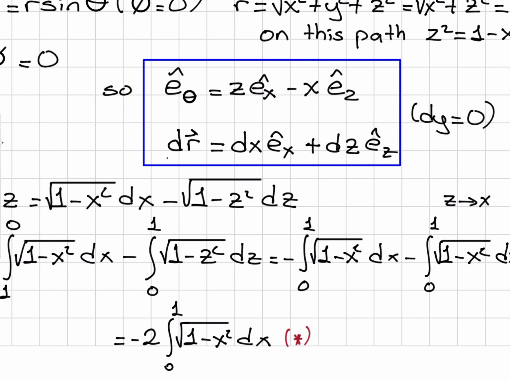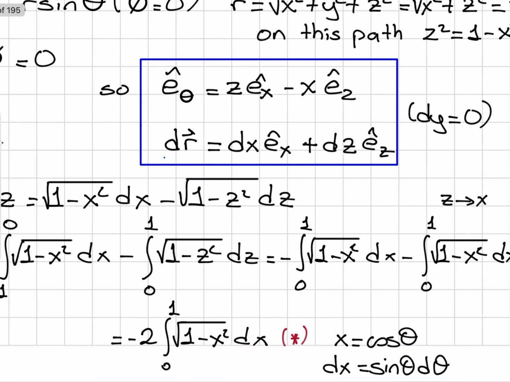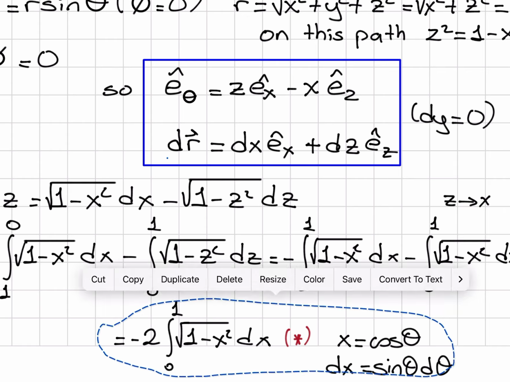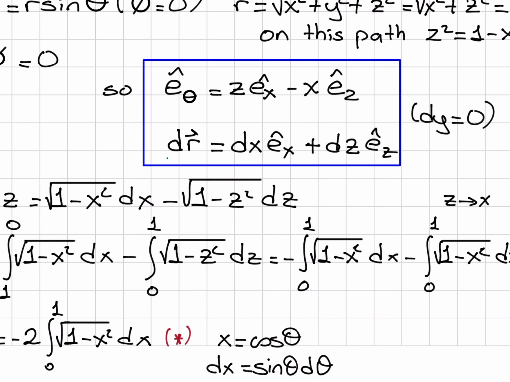Now, in order to perform this integral, I'm going to call x equal to cosine theta, dx equal to sine theta d theta, and with that square root of 1 minus x squared will be square root of 1 minus cosine squared, which is sine theta.